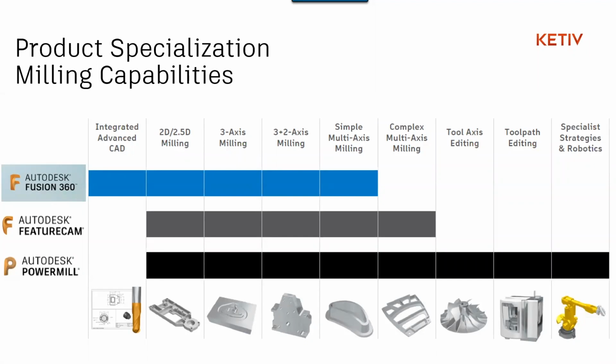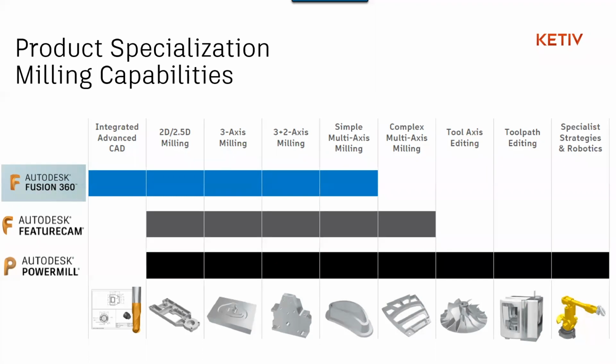But you only have a few capabilities in terms of multi-axis milling, right? So you don't have the full finite control. You only have 3 or 4 different toolpaths that can give you that simultaneous toolpath. But you don't have that true control over the toolpath as you're programming it.